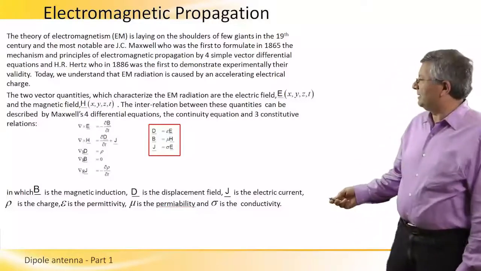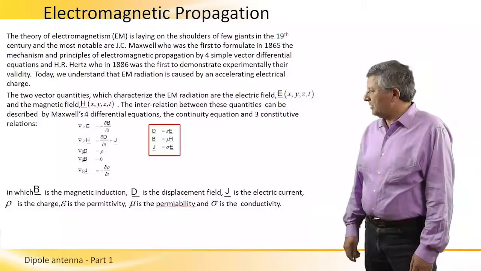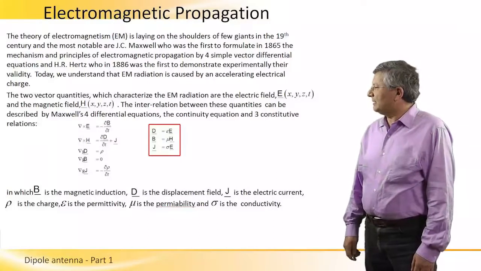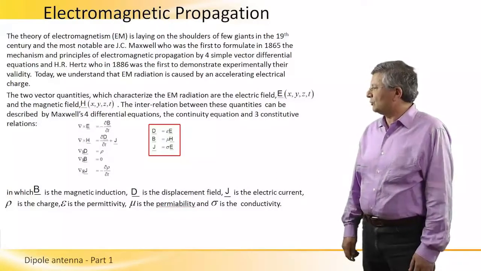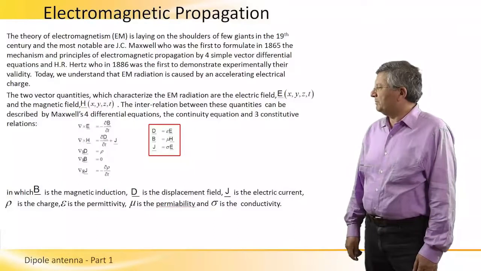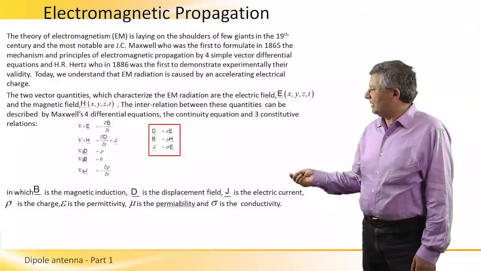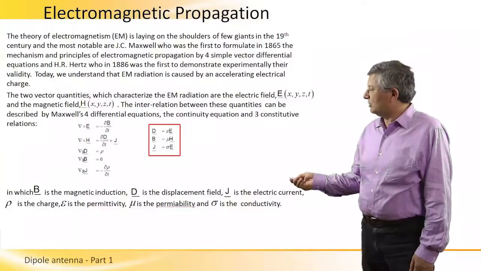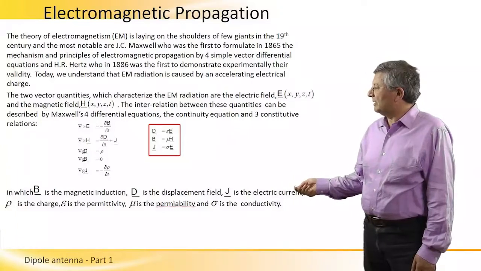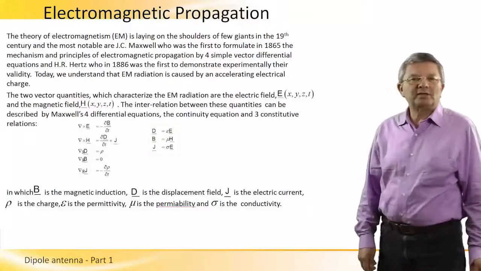The magnetic induction, B, is related to the magnetic field H through mu, which is the permeability, and the induced current J is related to the electric field by sigma, which is the conductivity.